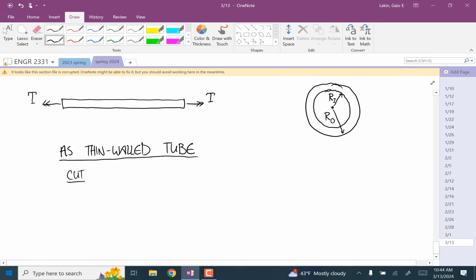If you think of taking a cut, you have this torque T here. You have your internal torque, which is what we're looking for. And you can see that T internal is just equal to T. So that's the value we're going to use for these formulas.